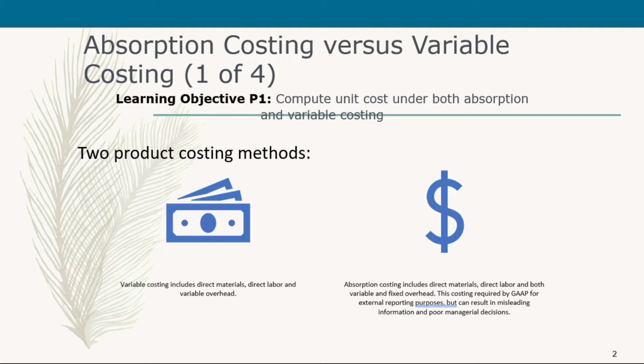So your product cost has a bearing on the sold and unsold units, whereas the period cost has no regard to the production and the sales volume.